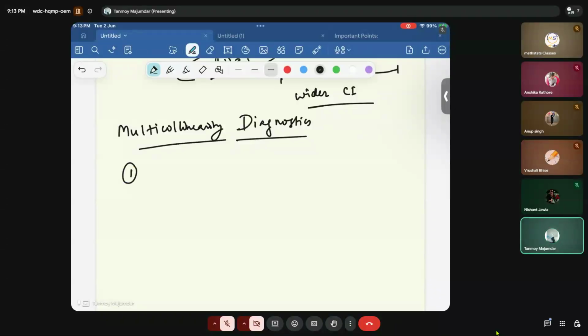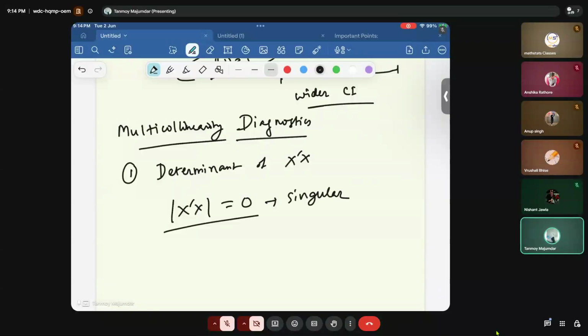For example, one, determinant of x dash x. हम लोग x dash x का डिटर्मिनेंट निकालेंगे. अगर determinant of x dash x 0 आ गया, that means it is singular. सिंगुलर मैट्रिक्स कब होता है? जब रैंक ऑफ x dash x is less than 10. So basically, first method is to calculate the determinant of x dash x.